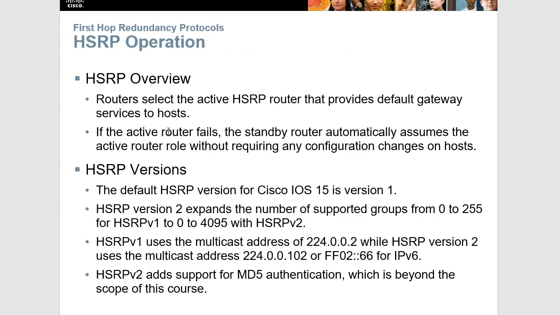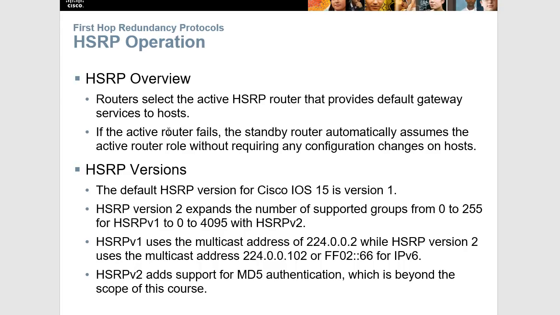So here we have an overview of HSRP. Routers select an active HSRP router that provides the default gateway services to hosts. We're going to talk about how the election process works for selecting which router is active and which router is in standby in just a second.